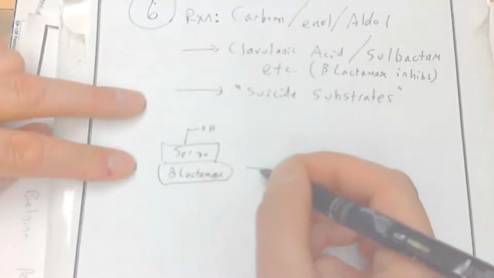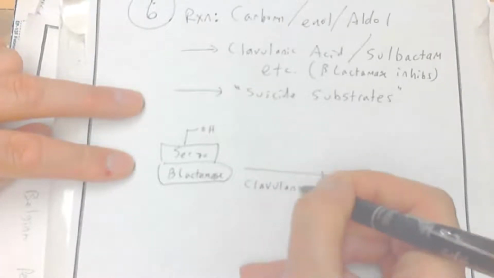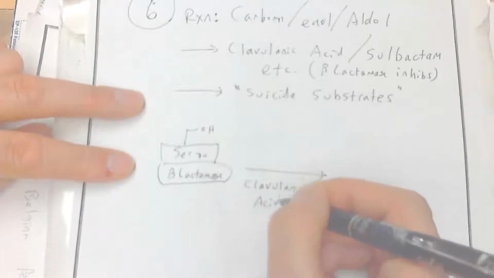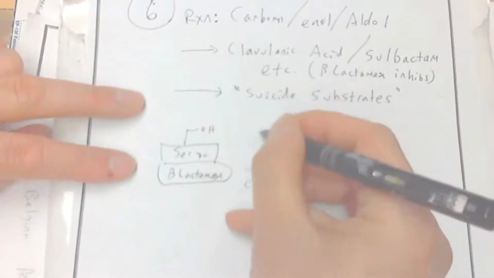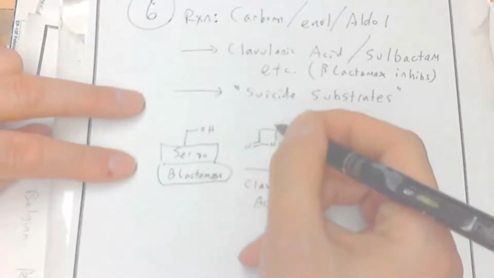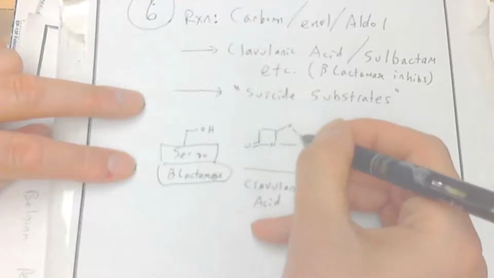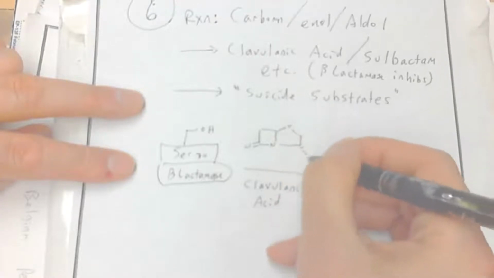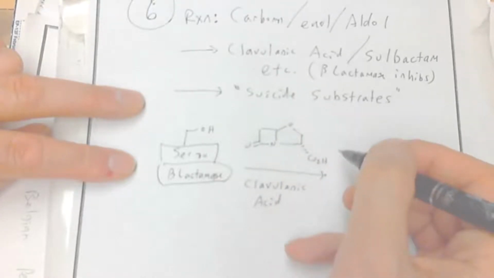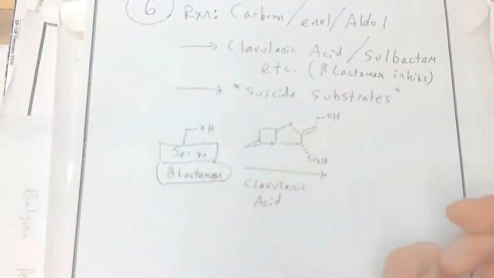Clavulanic acid. There's a beta-lactam, carboxylic acid, primary alcohol.